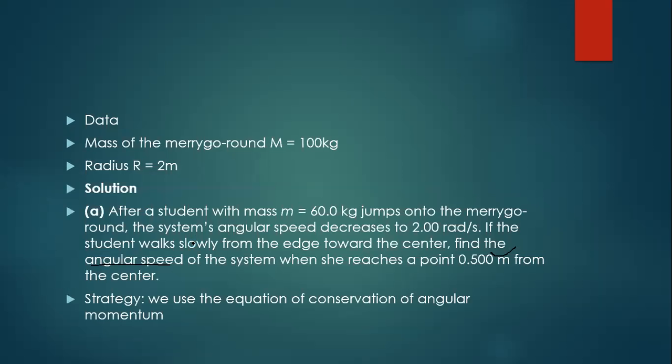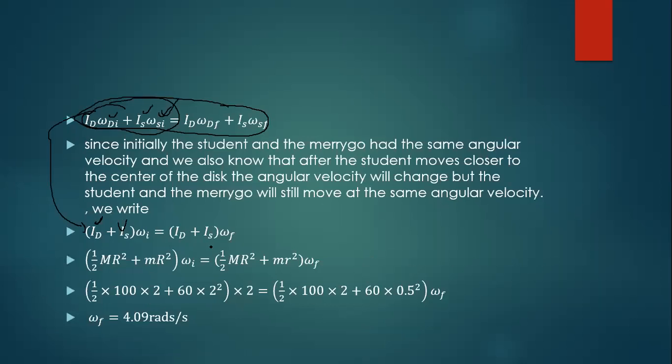But yet she's still on the disk. Remember, she's still on the disk. So the moment of inertia of the disk, even here, this expression, we can factorize it. How can we factorize it? We know that this value is the same as that value because both systems are connected.